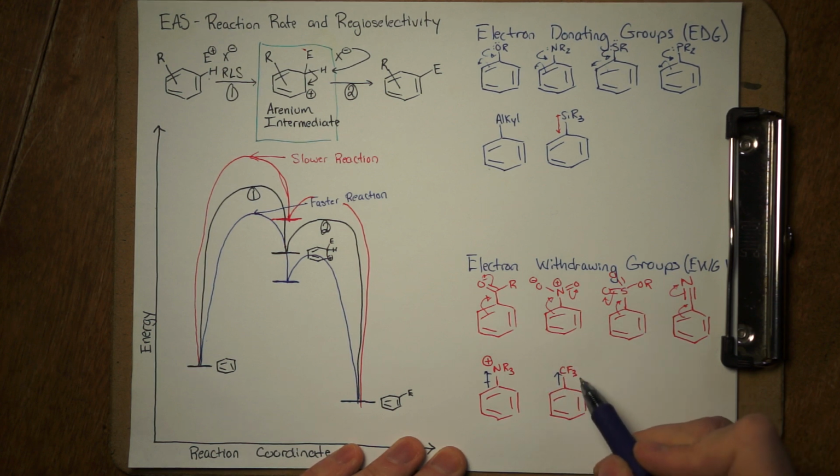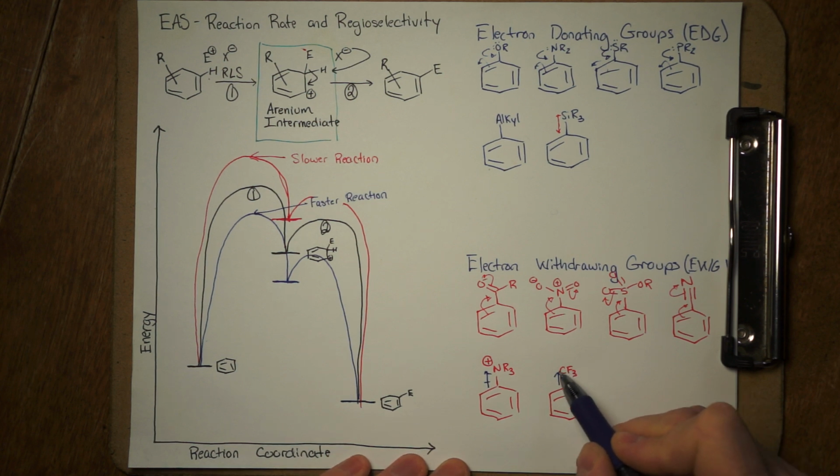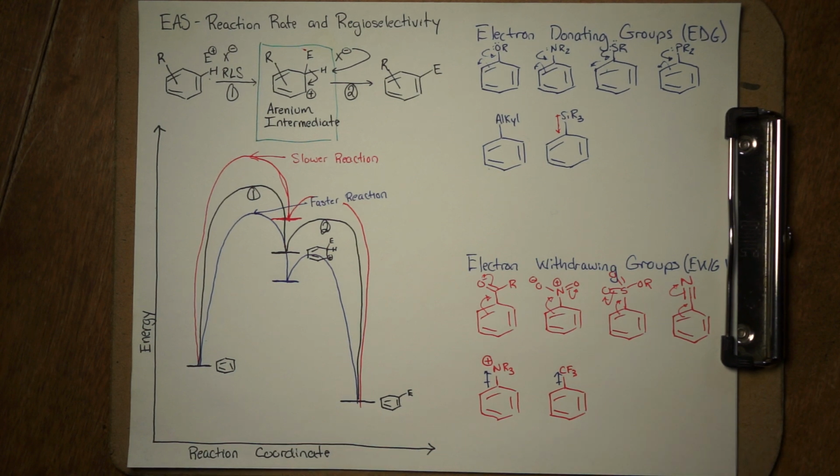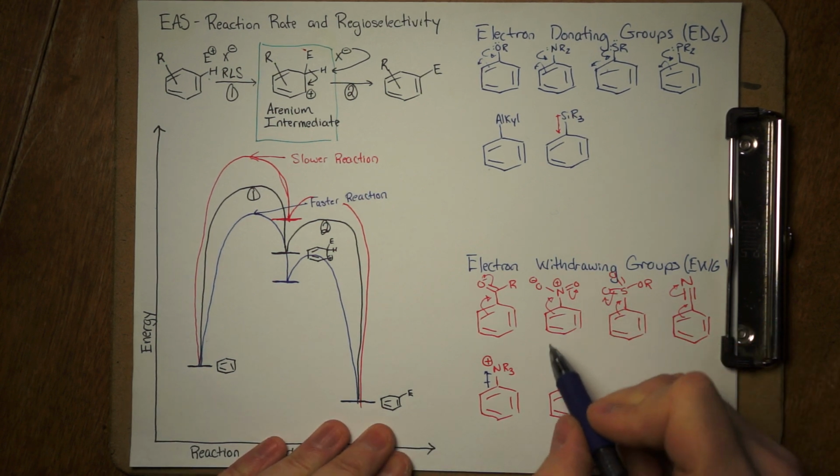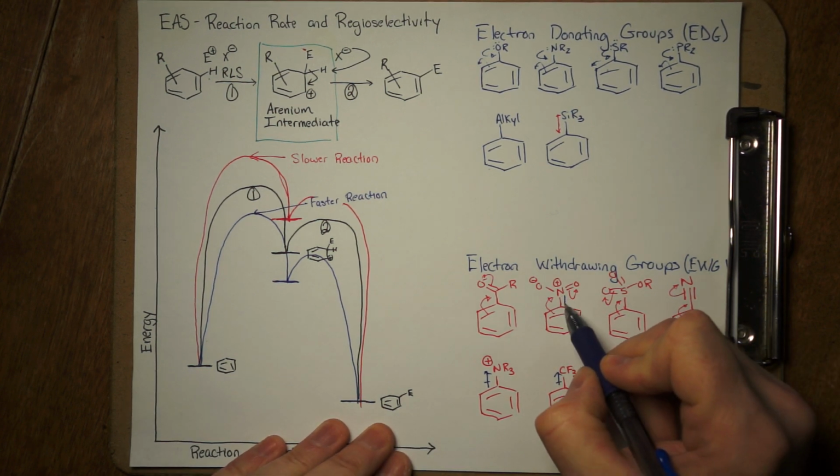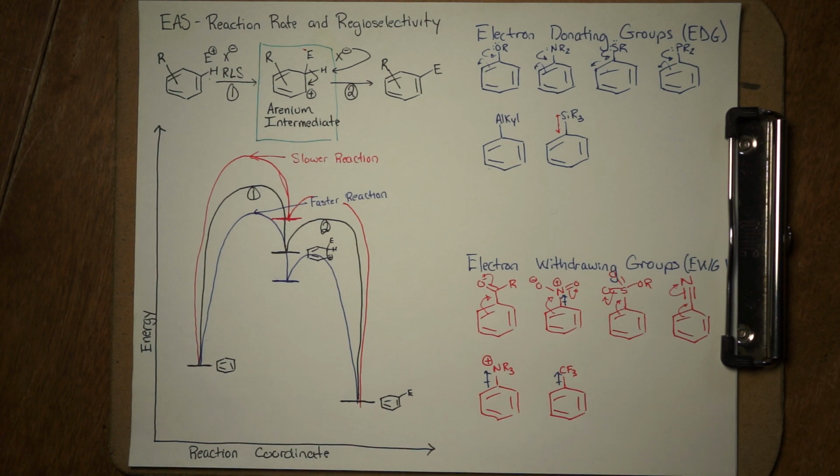Then here we have the inductive effect where the three fluorine atoms are pulling electron density from carbon, and carbon is then going to pull electron density from the ring to make up that deficit. In addition, the nitro group also has inductive electron withdrawal, including the resonance electron withdrawal.